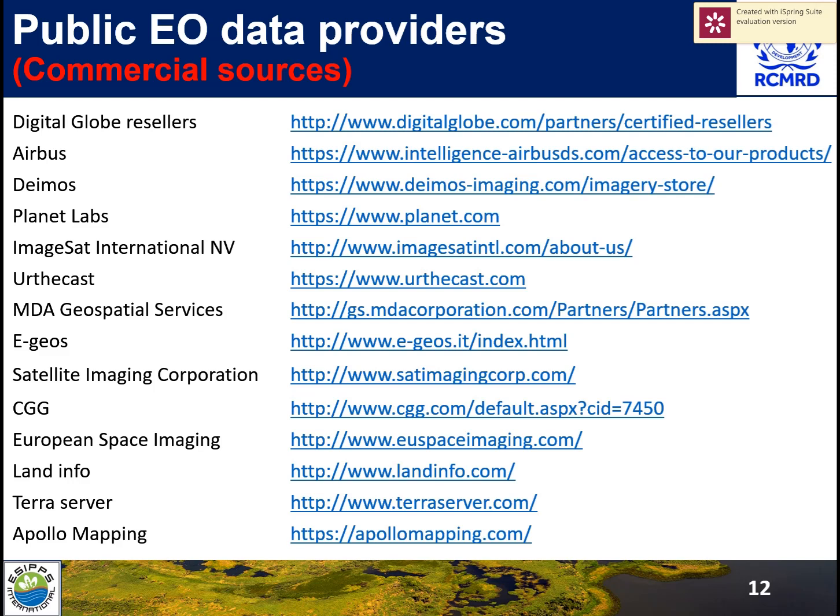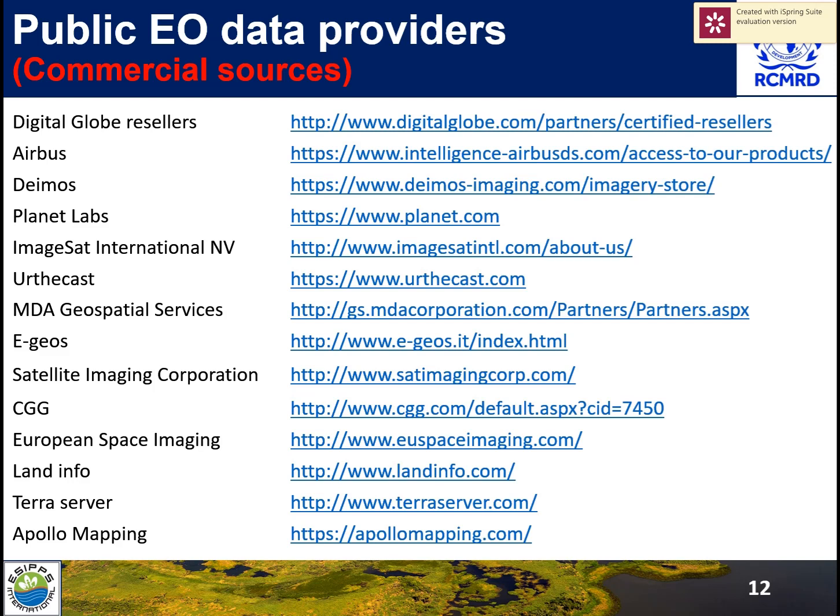So if you're working for an institution, of course, most of these commercial sources, the products are well improved. Some have a very, very high spatial resolution. So depending on your application or what you're trying to do, you're free to check out the sites. And also in terms of affordability, if your institution can afford this data, then you can access them.